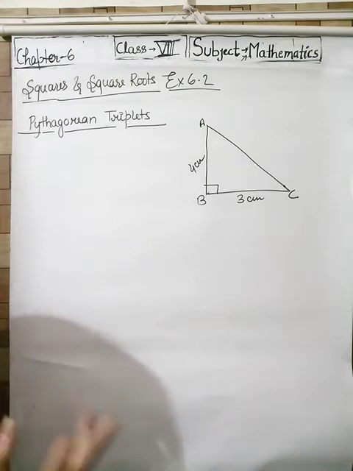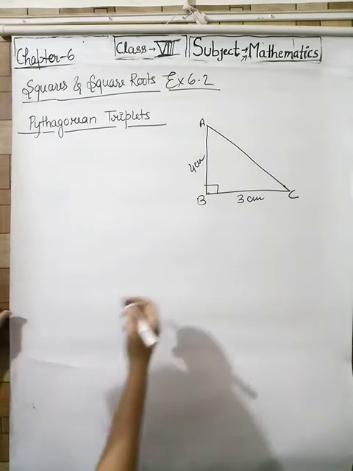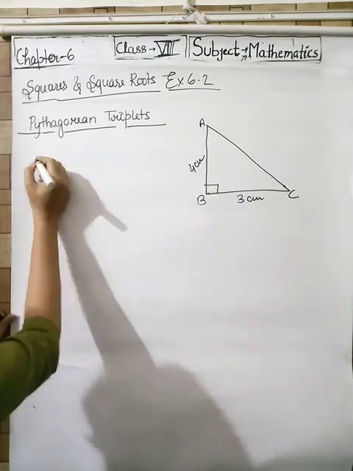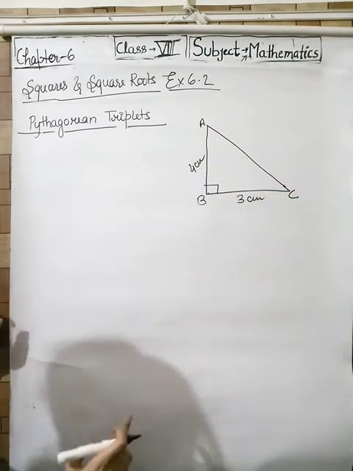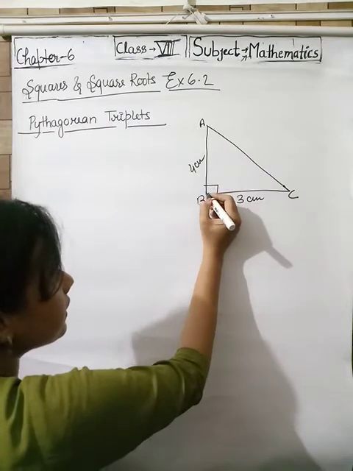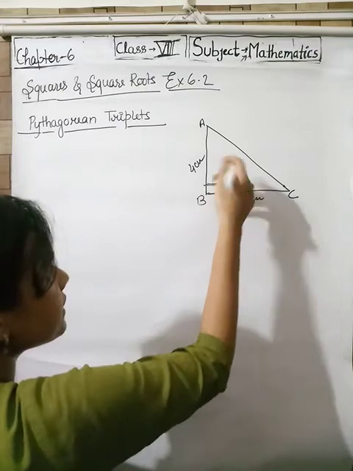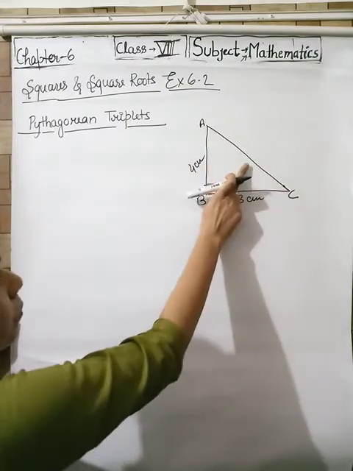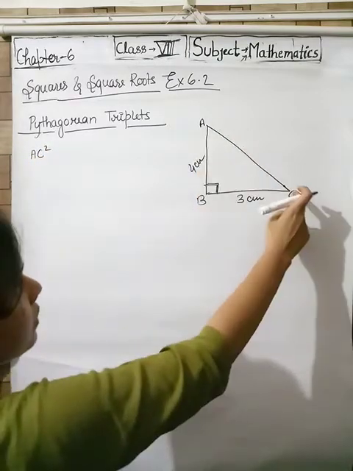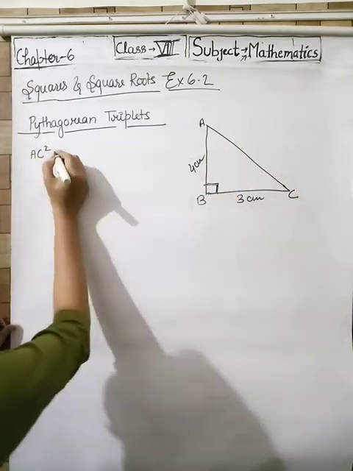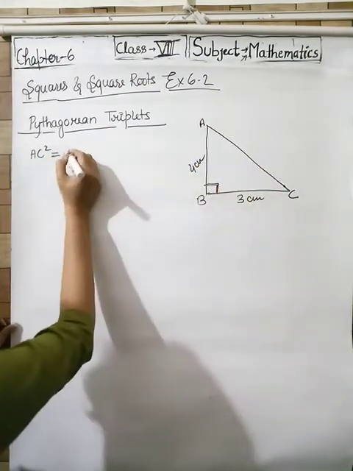We know that you have studied the Pythagoras property. What is the Pythagoras property? The square of the hypotenuse. What is the hypotenuse? The side opposite to 90 degree. It is a right angle triangle and here it is 90 degree. So the side opposite to 90 degree, that means AC square, the square of the hypotenuse is equal to the sum of the squares of the remaining two sides.